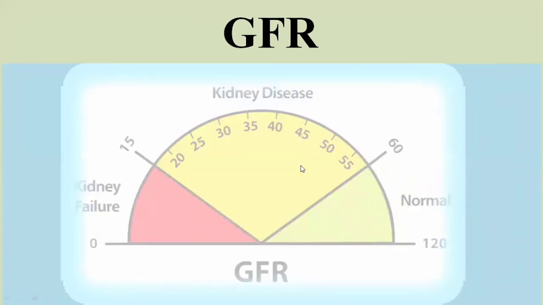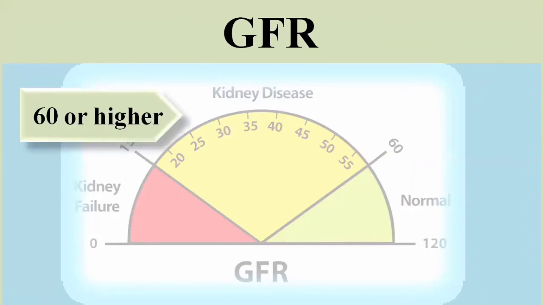So what do they indicate? If the GFR is 60 milliliters per minute or higher than 60, then it's normal. Like 125 milliliters is normal, and 60 is also considered normal.